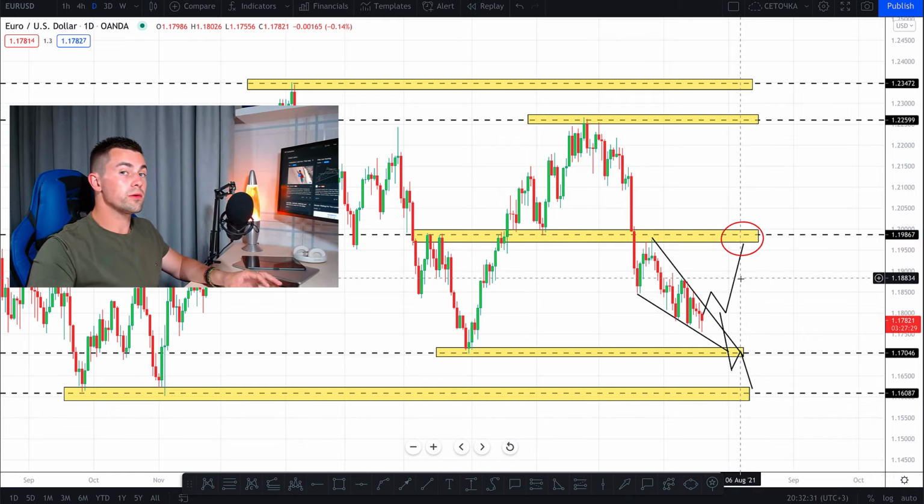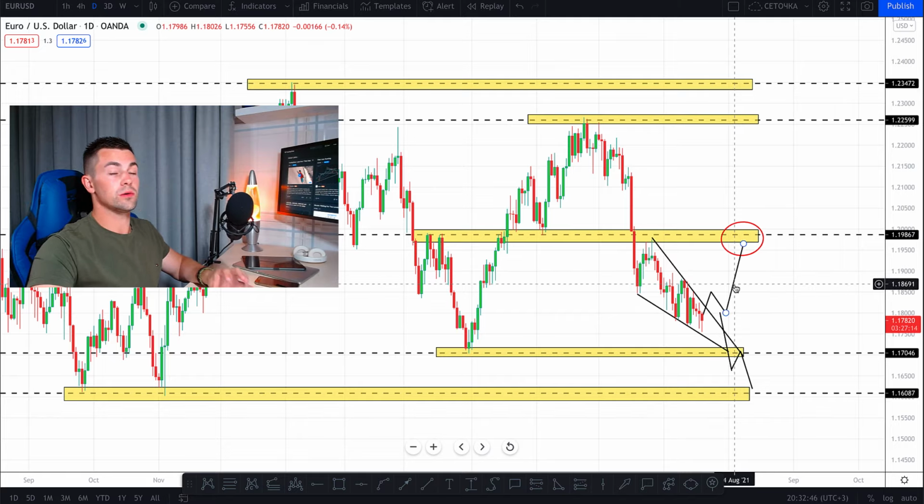So with trading, you must be very flexible. You must be prepared for everything. You must track the key levels from where you trade. You must be prepared for the bearish scenario, the bullish scenario. We never know what will happen. For that reason, be prepared just naturally for everything.